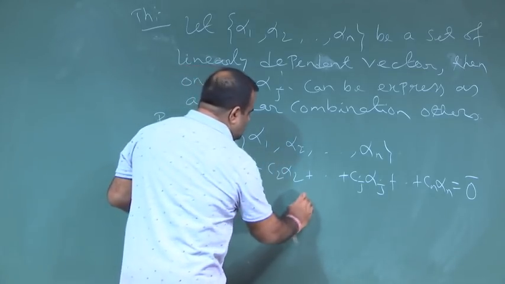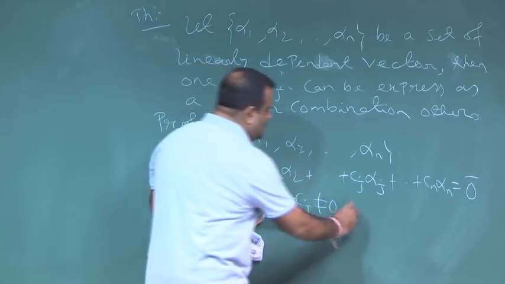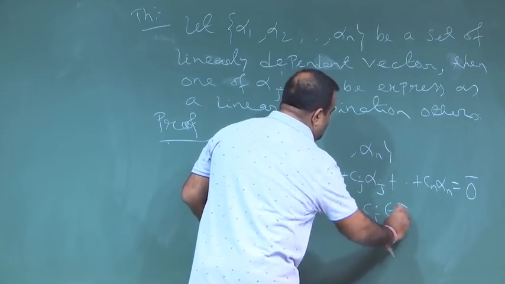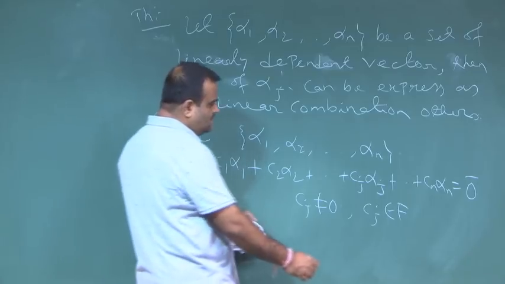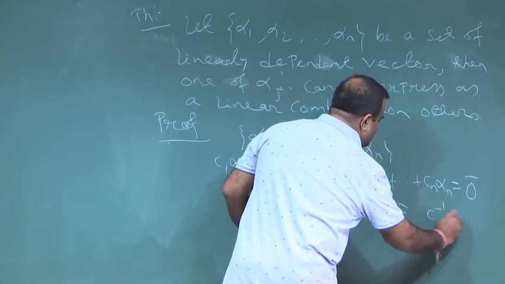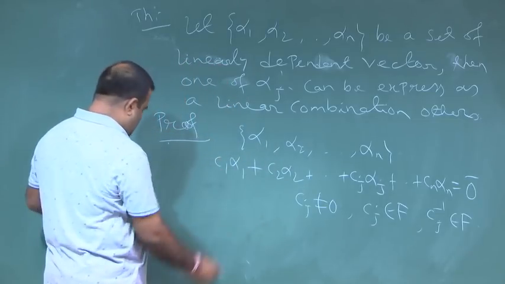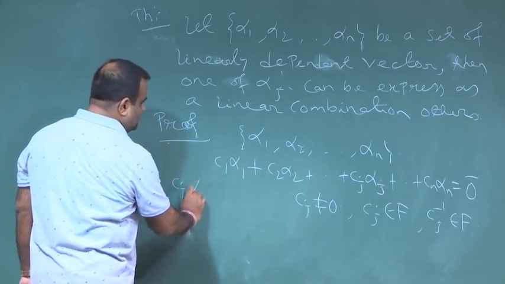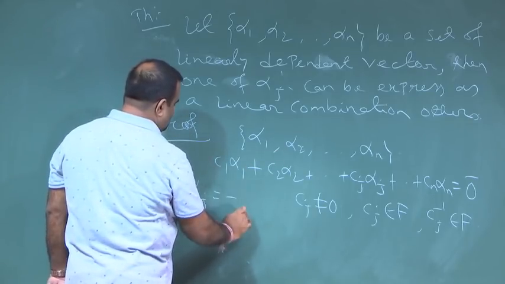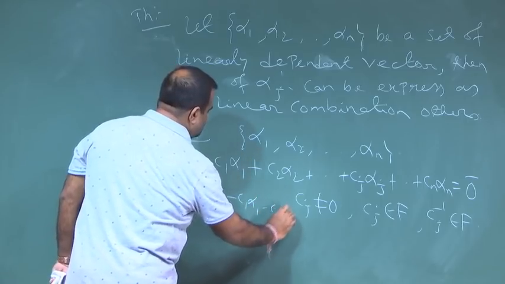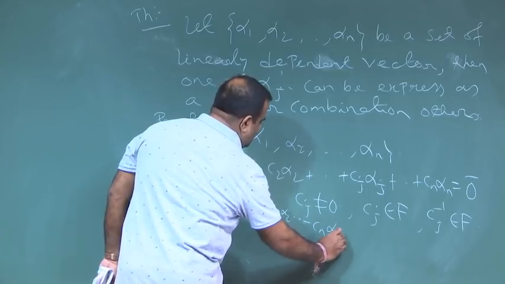Suppose this Cj is not equal to 0. Cj comes from the field, it is a scalar. If it is not 0, then it has a multiplicative inverse, Cj inverse, which will exist. Then we can write Cj alpha j equal to minus C1 alpha 1 minus C2 alpha 2 and so on, with Cj missing here, minus Cn alpha n.